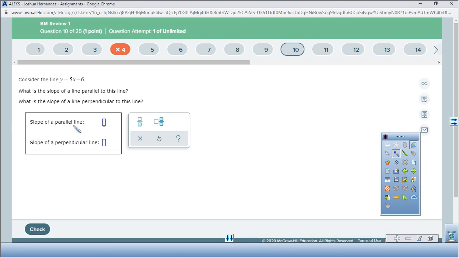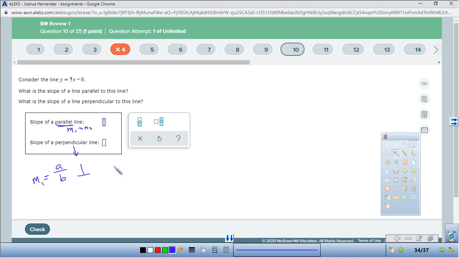So remember, when lines are parallel, they have the same slope. m1 is equal to m2. Perpendicular, we're going to have a over b as the slope of the first one, m1. When it's perpendicular, the slope is going to be the opposite of the reciprocal.